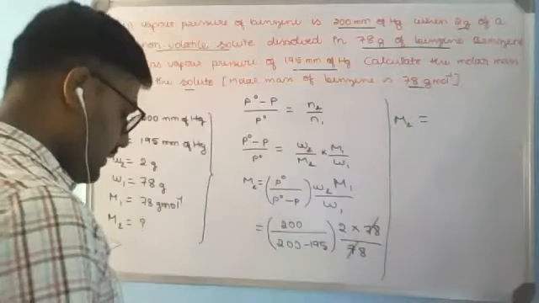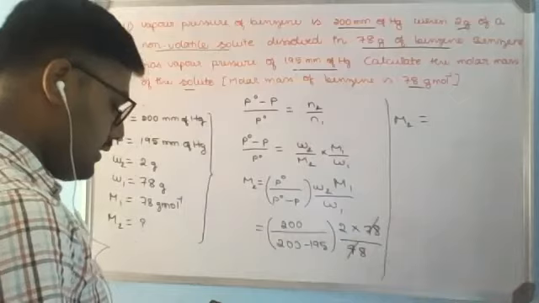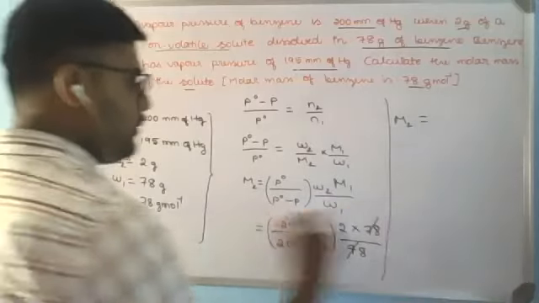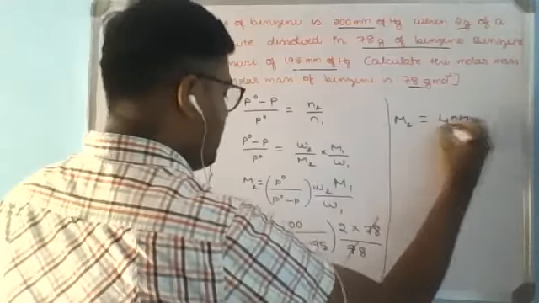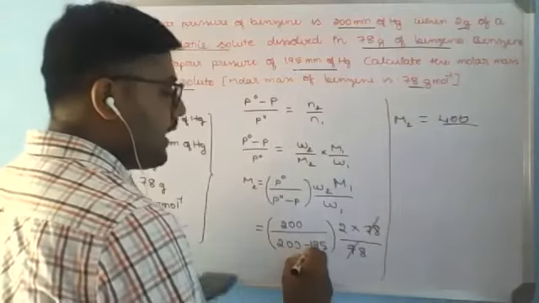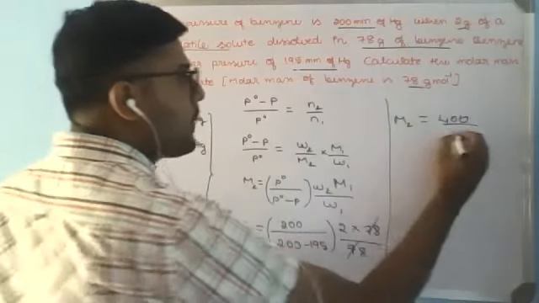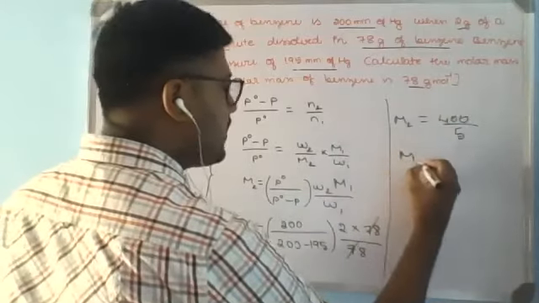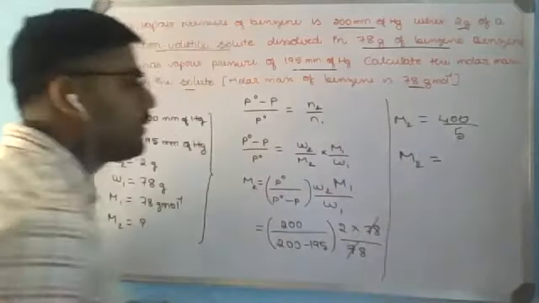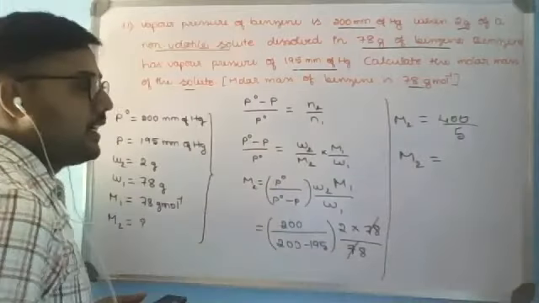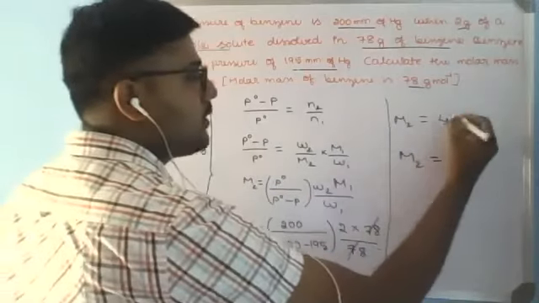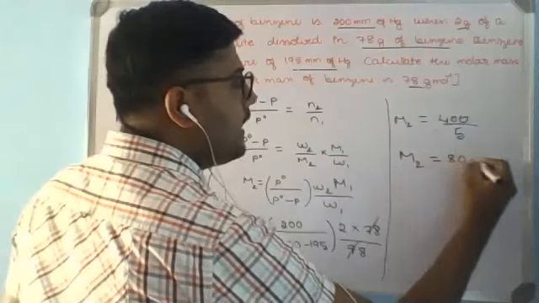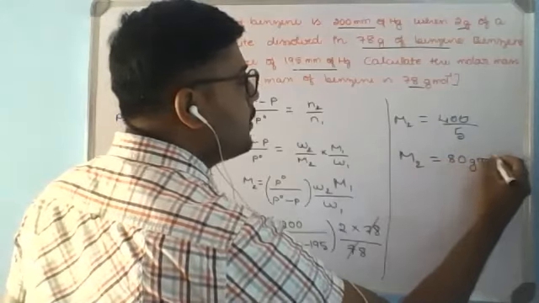Solving now. 200 into 2 will be 400. 200 minus 195 will be 5. And if you consider 400 divided by 200 minus 195, that is 5, so it will be 80 gram per mole.